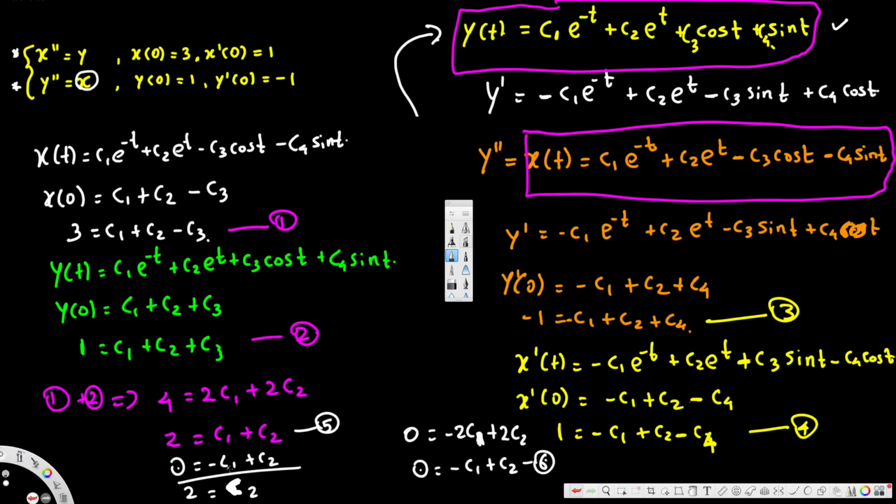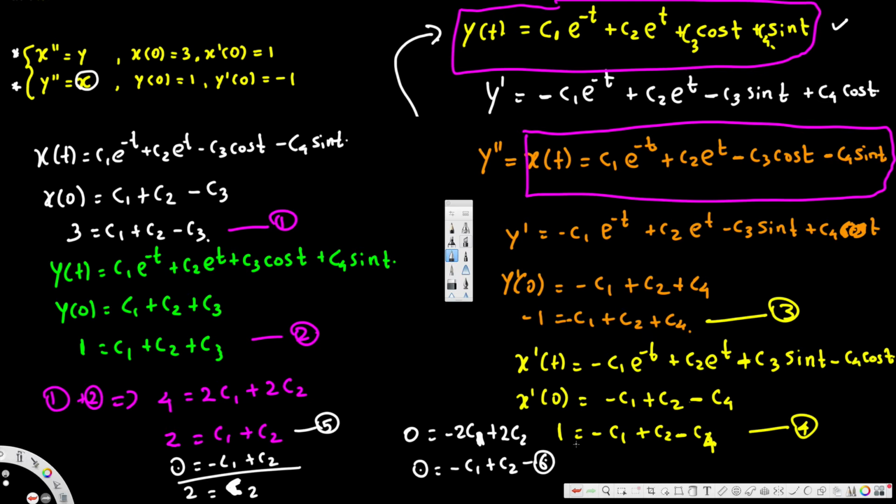Let's double check. c1 plus c2 minus c3 is 3, c1 plus c2 plus c3 is equal to 1, and then c1 minus c2 is equal to negative 1, and this one is positive 1.